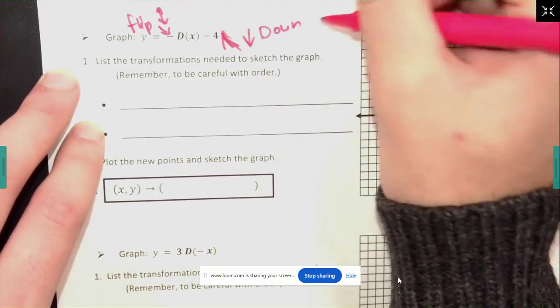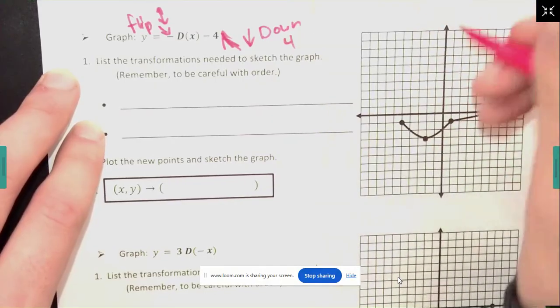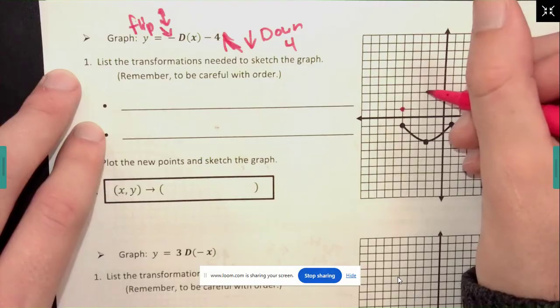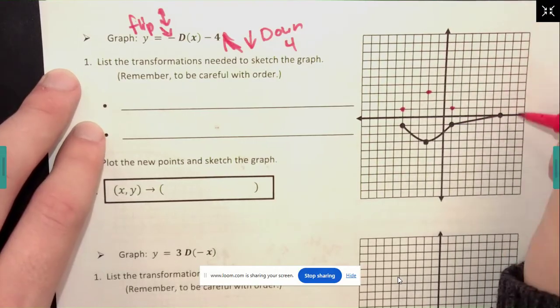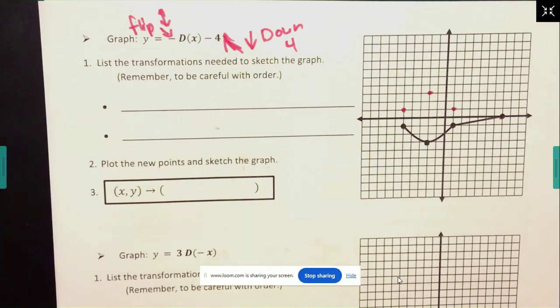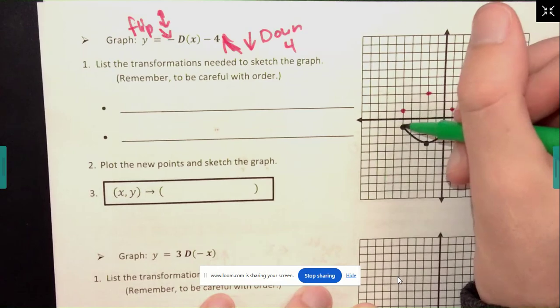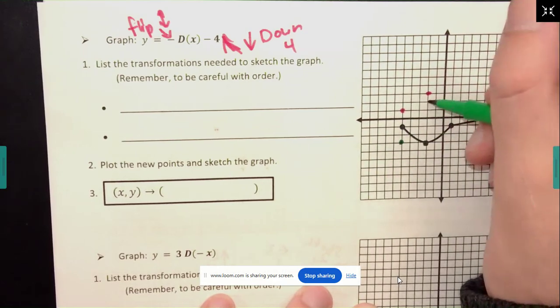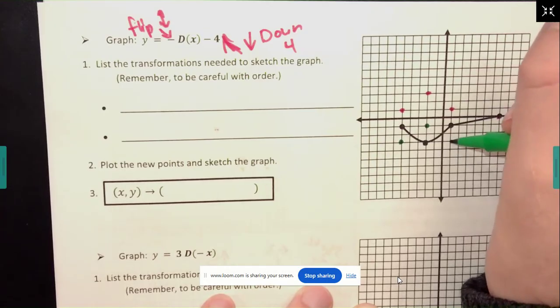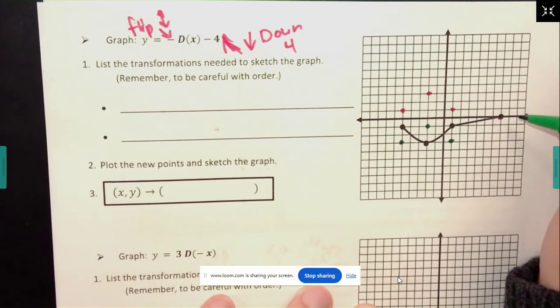We're going down 4. So I'll flip these first. Okay, I just flipped it. Now I need to go down 4. So I'll take these red points and go 1, 2, 3, 4, for each of them.